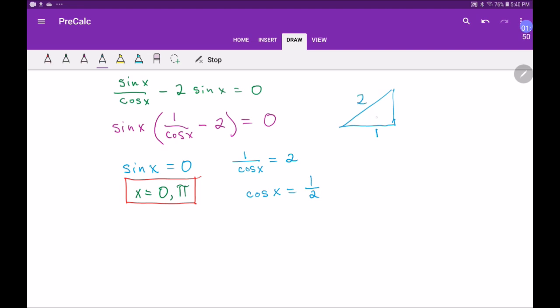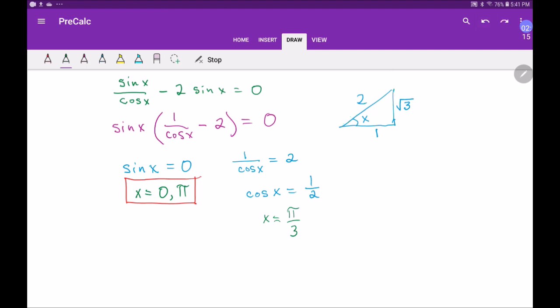Do I know any formulas like that for if this were the angle x? I didn't draw it very well, but I'll live with it. I know what opens up on that. X is going to equal pi over 3, 60 degrees.